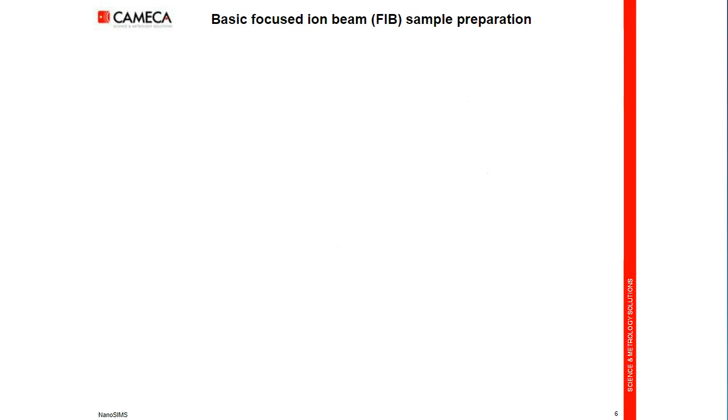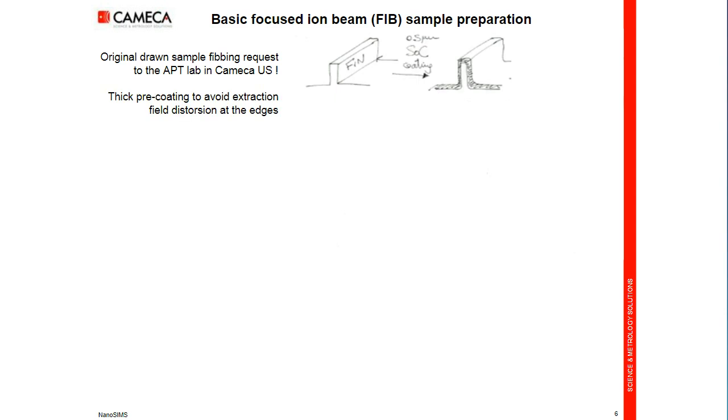So here is the exact drawing that I sent to our lab in the US, equipped with the focused ion beam. So the structure of the film, and I asked them to pre-coat it with a thick carbon layer to avoid edges when we analyze the section on the NanoSIMS. Then I asked them to extract a lamella.